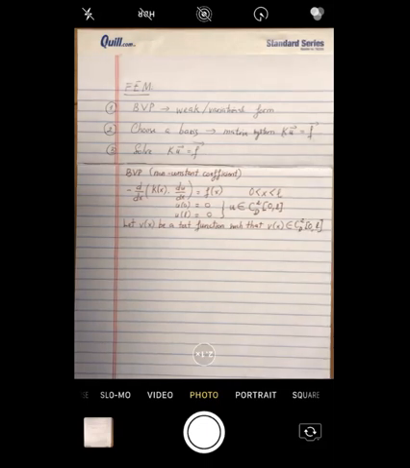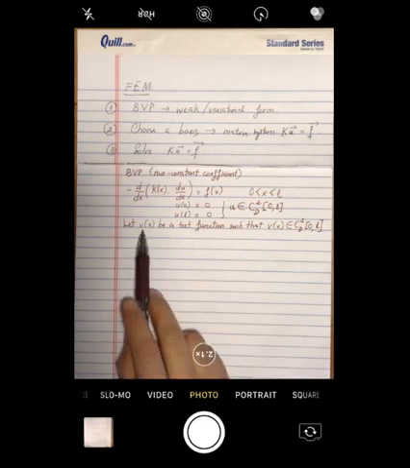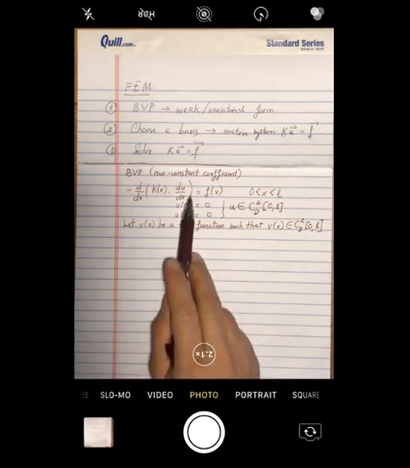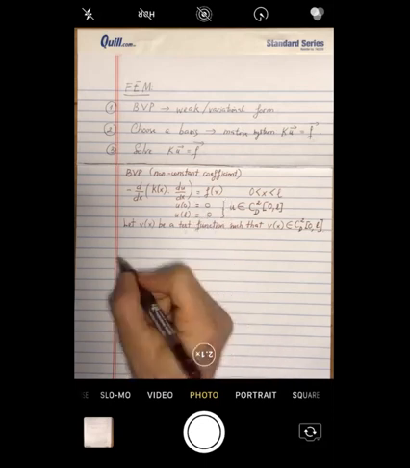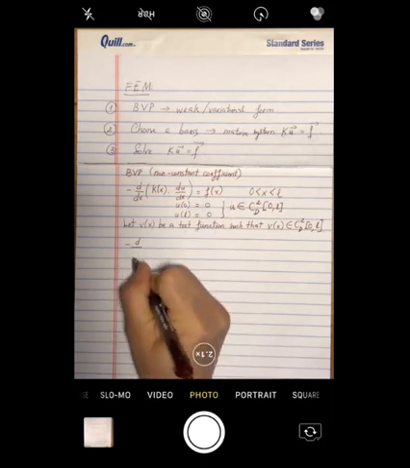As I mentioned earlier, what we're going to do is we multiply the test function to both sides of the equation. So let's write that down.